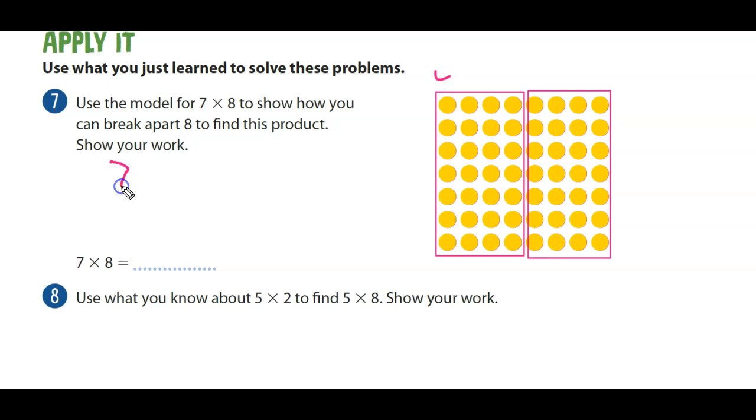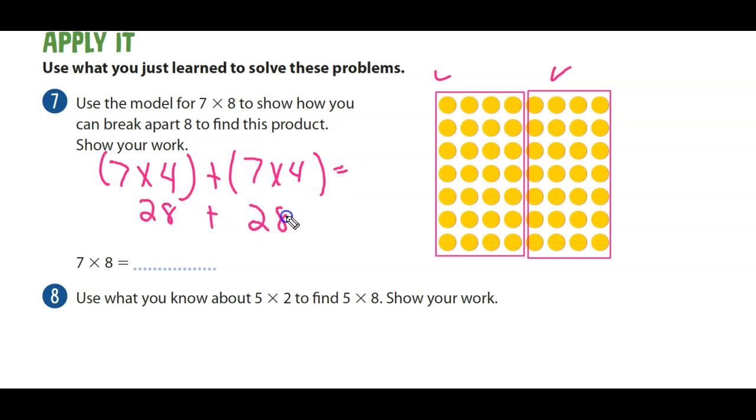And how many in each row? 4. So what's the multiplication sentence for that one? 7 times 4 again. Right? So 7 times 4 is 28 plus 28, because 7 times 4 is 28 again.